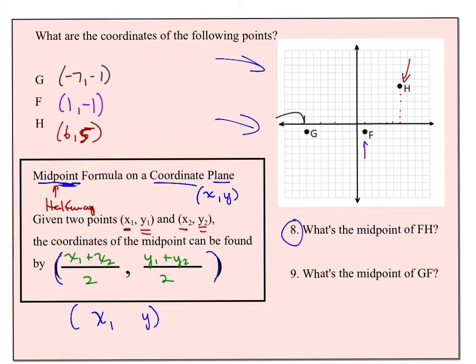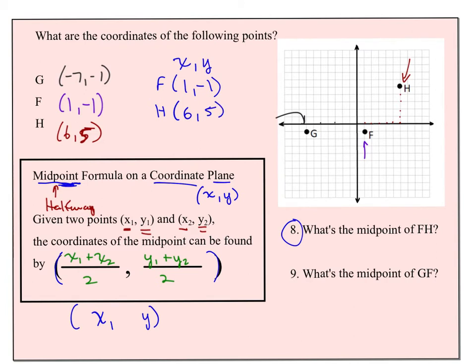Okay? So if I look at what's the midpoint of FH, what I want to do is look at F and H. Well, my x and my y of F is going to be 1, -1, and of H is going to be 6, 5.